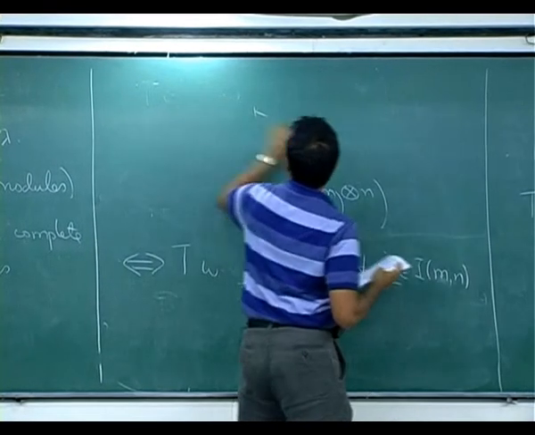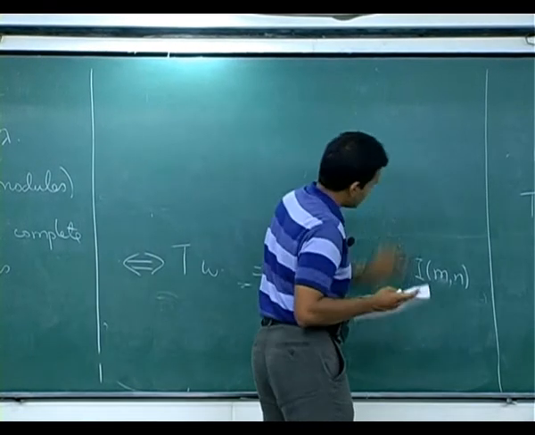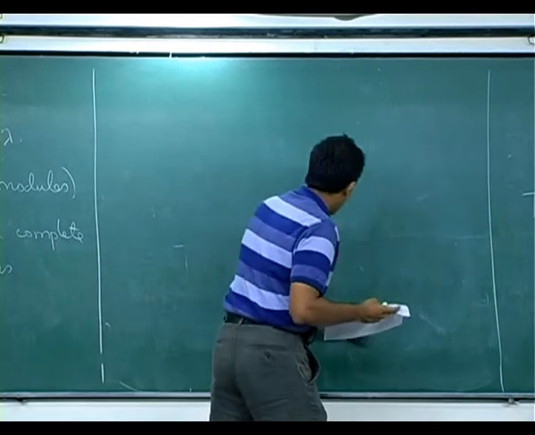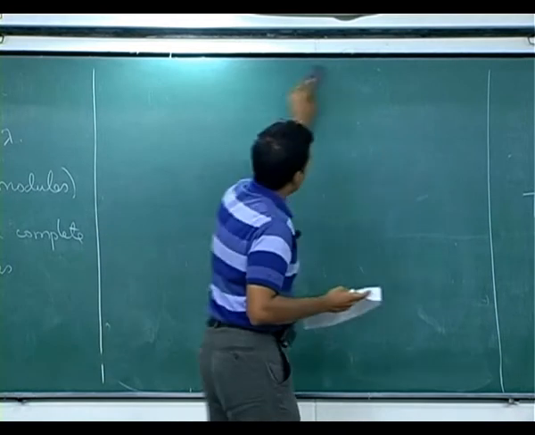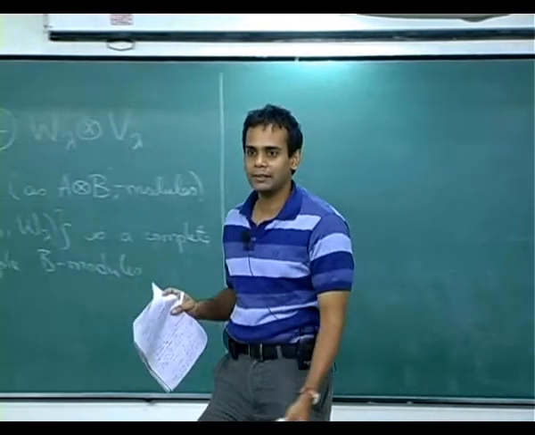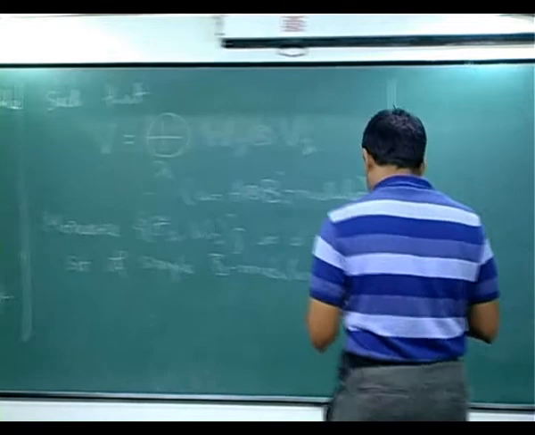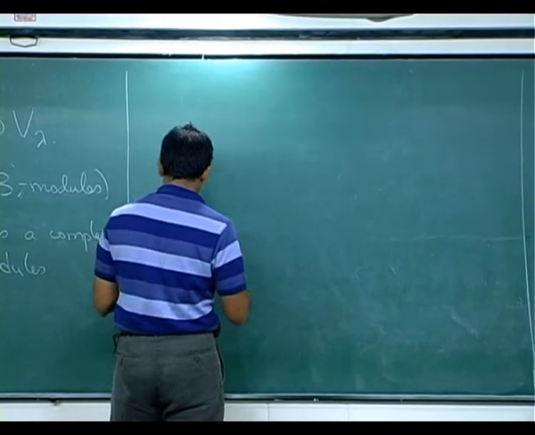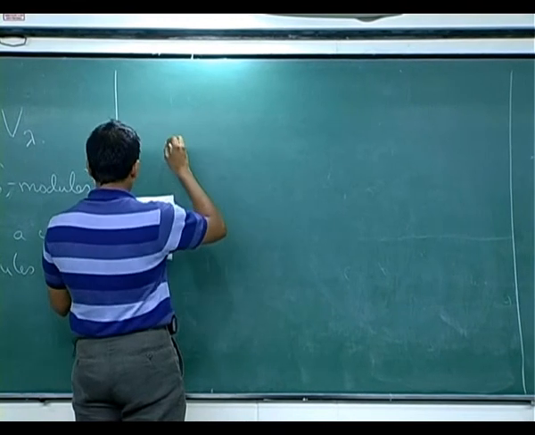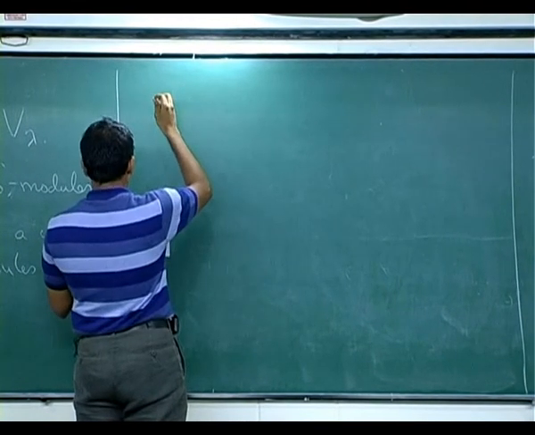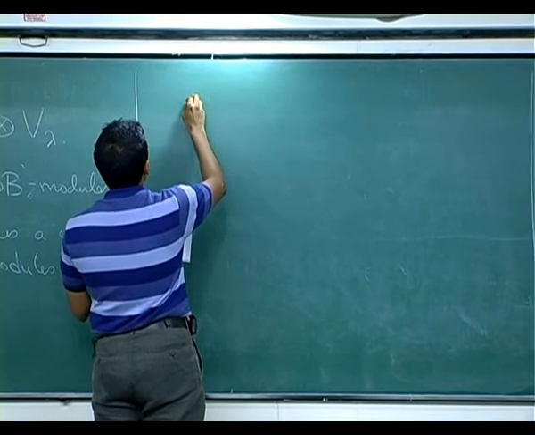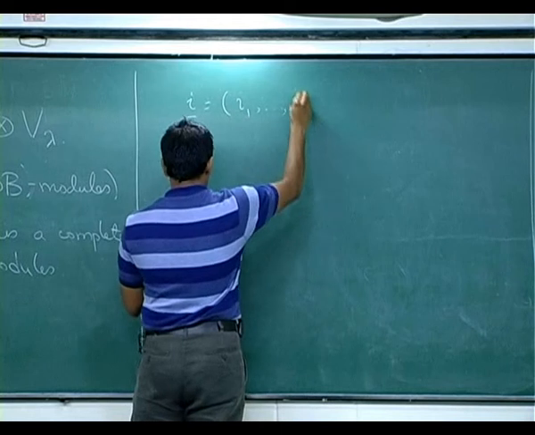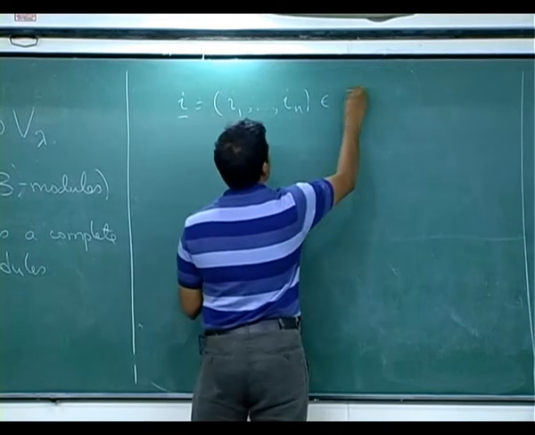And now I will assume that the characteristic of k is strictly greater than n, so that I am assured that k^m tensor n is completely reducible. So, before we do that, let me just make one observation. Suppose I is (I_1, ..., I_n) a multi-index.